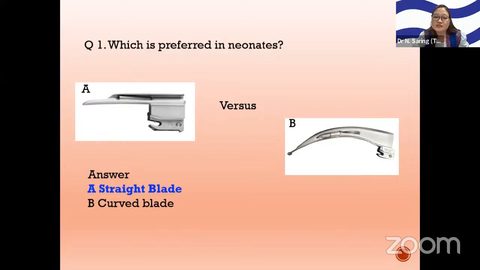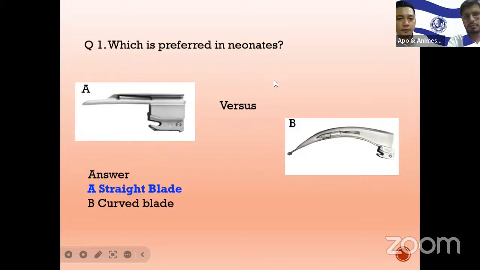Can you tell the reason? Because the larynx is high in infants and neonates. Epiglottic fold. And the epiglottis is floppy and omega shaped. Okay.